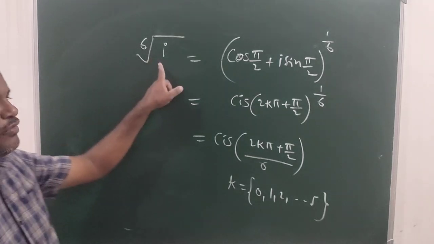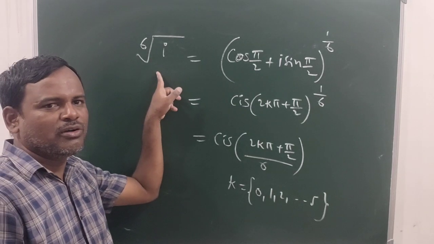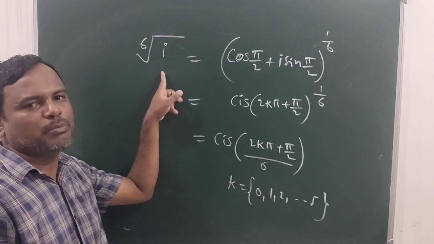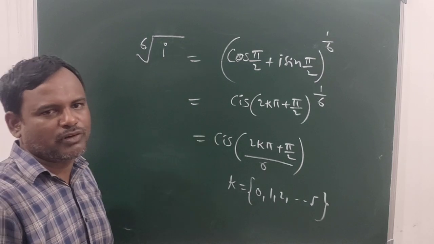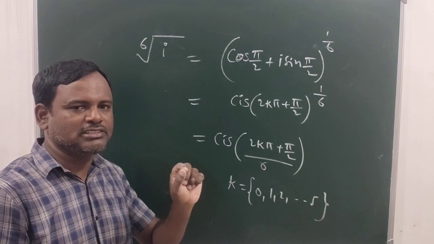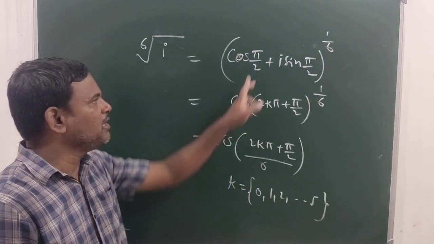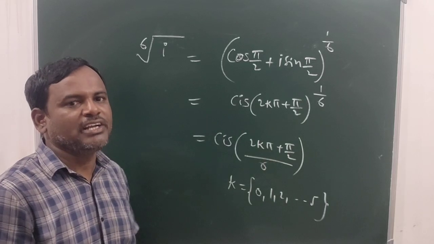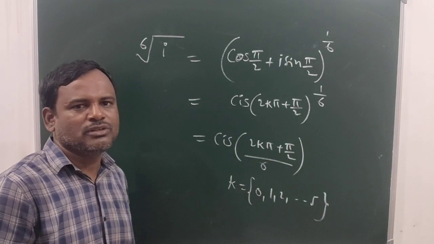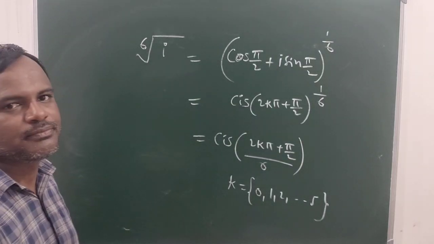Okay students, no confusion here. There is no real part, hence I have written 0 plus i, which belongs to the positive y-axis. If a point is on the positive y-axis, its argument will be pi by 2, 90 degrees. So in such a case, you have to find the roots like this.